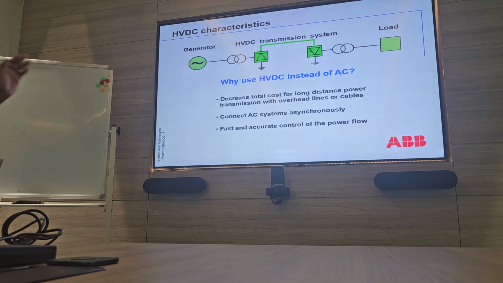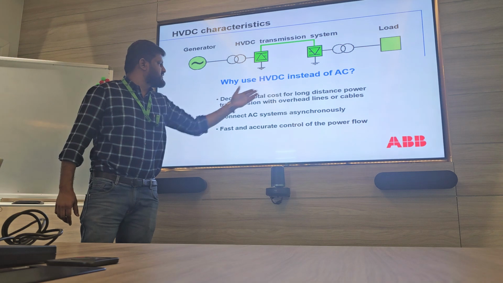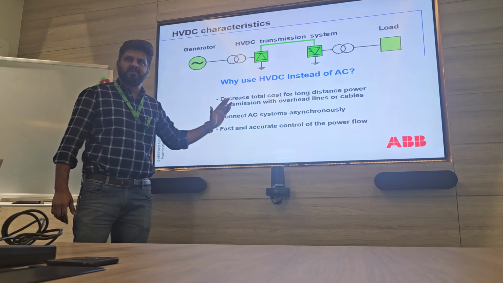And we can easily control the HVDC system. The AC system is very tough; we can't control it, but DC is independent of the phase angles of the network, so it is easy to control. Why? How? I'll show you in the next slides. So this point is clear, right? It can reduce the total cost for long distance power transmission with overhead lines and cables.